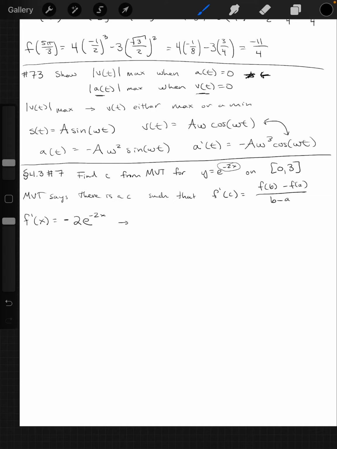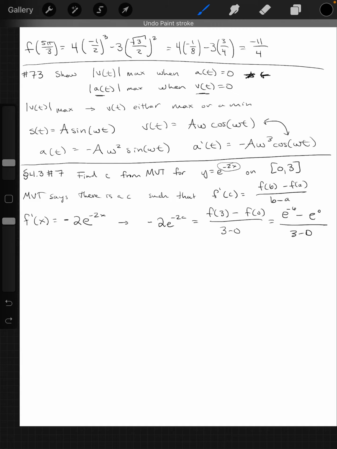So the mean value theorem says that negative 2e to the negative 2c equals f of 3 minus f of 0 all over 3 minus 0. So that's e to the negative 6 minus e to the 0 all over 3 minus 0.